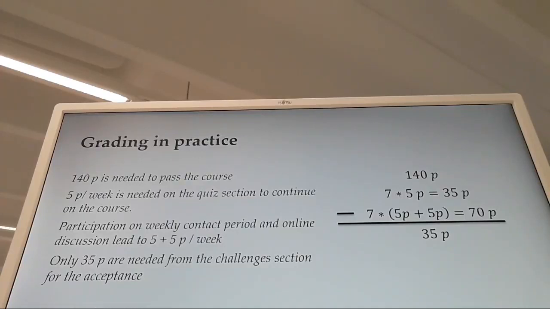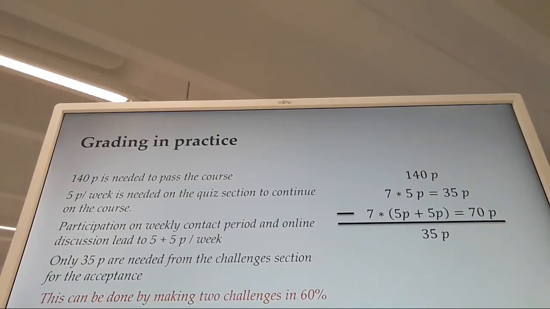And that can be easily done by doing only challenges during the whole course, and even those you don't have to make 100% right. Even 60% accuracy is enough on these. So you can actually choose which themes you want to focus more on.